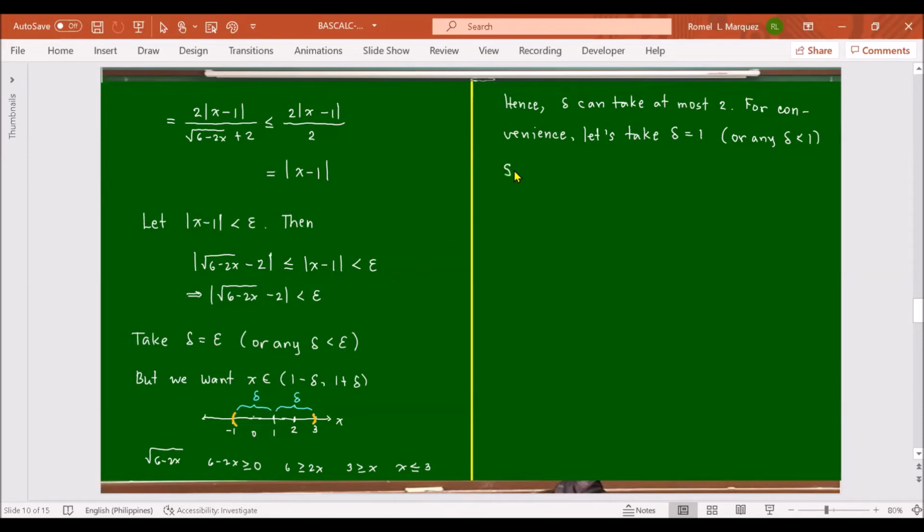So our restriction, delta, is now equal to the minimum of what? We have 2 restrictions now. Minimum of 1 and epsilon. So coming from this restriction and another restriction, let's see if the chosen delta works.